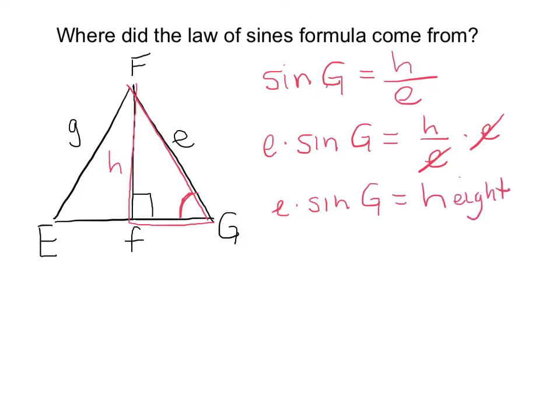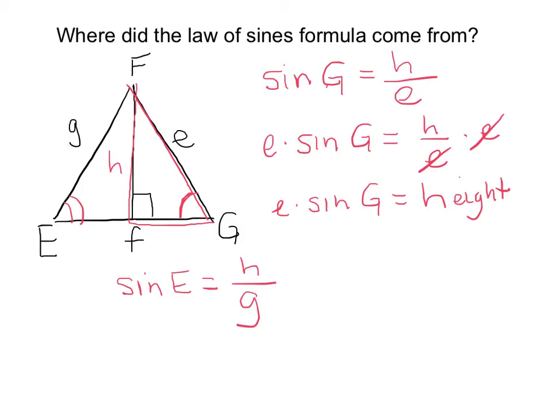Makes perfect sense. Well, we can also continue on and do this angle over here, angle E. So sine of angle E is equal to the opposite, which is H, over side G, little g.